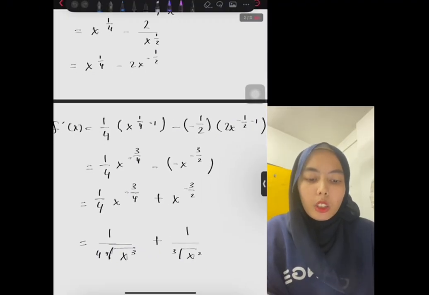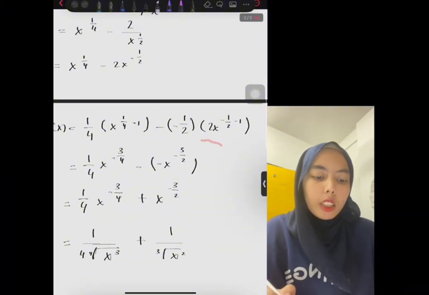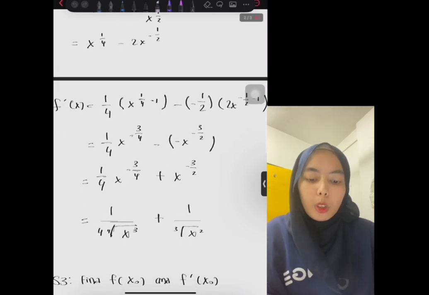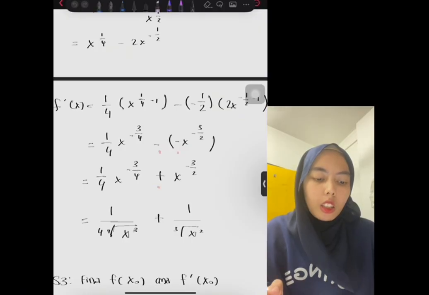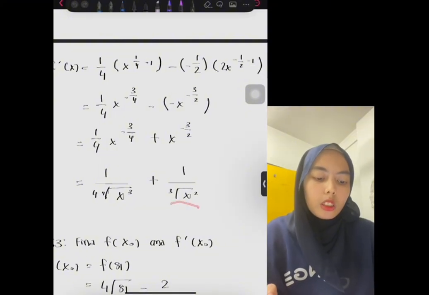So we calculate this, we got negative 3 over 4. And then minus, we multiply this, we got negative x to the power of negative 3 over 2. And then we write down this back, and when negative and negative become positive, then 1 over 4 square root 4 x to the power of 3 plus 1 over square root 3 x to the power of 2.